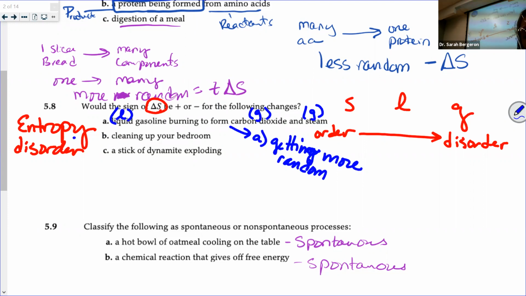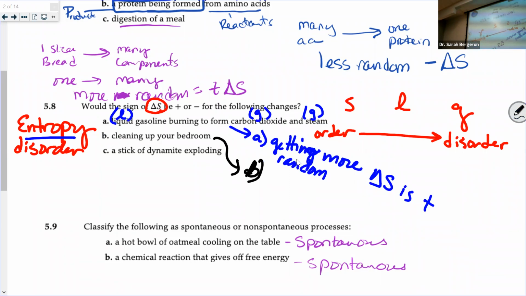So if entropy, if S is disorder, should S be positive or negative? Are you gaining it or are you losing it? I'm gaining disorder, so delta S is positive. Okay, B. Cleaning up your bedroom.